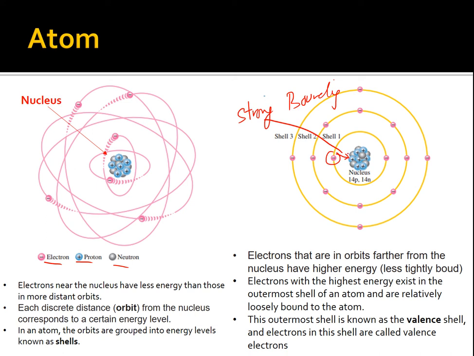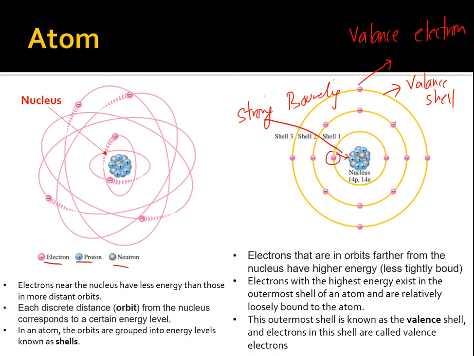Because negative and positive charges attract each other, they have strong bonding. The outermost shell is referred to as the valence shell, and the electrons here are referred to as valence electrons.